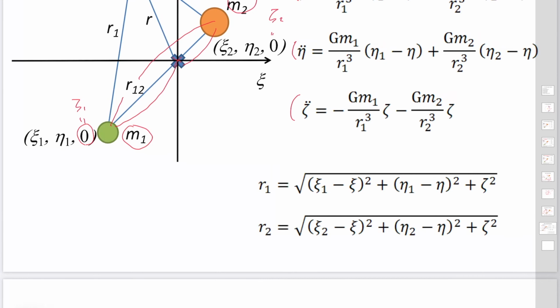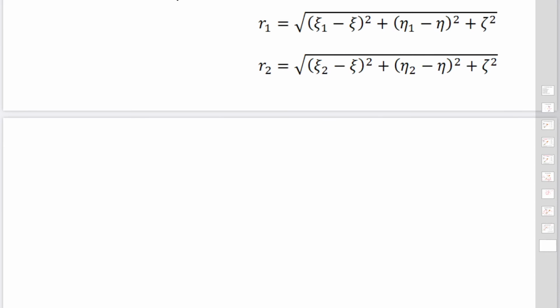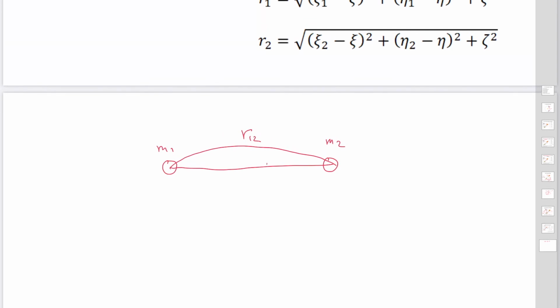Then maybe it's better to find the position of the center of mass. We consider two objects, m sub 1 and m sub 2, connected together. Then the distance between the two objects is r sub 1 2. Then the center of mass is here.